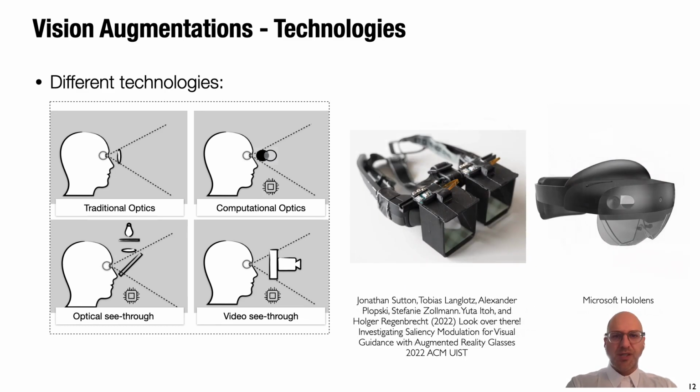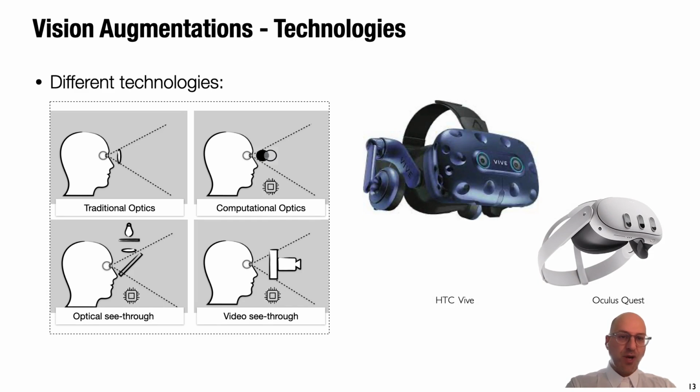But most commonly, we see vision augmentations that use devices and technologies that we know from augmented or virtual reality. For example, optical see-through head-mounted displays that are repurposed, or video see-through head-mounted displays, like, traditionally, the HTC Vive or Oculus Quest, and in the future, probably also the Apple Vision Pro, that capture the environment with integrated cameras and then allow us to display that modified camera stream on the integrated display.